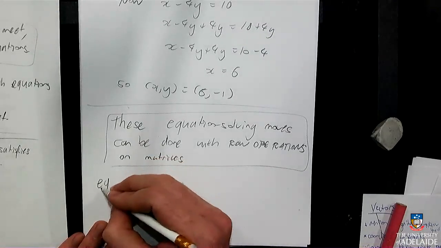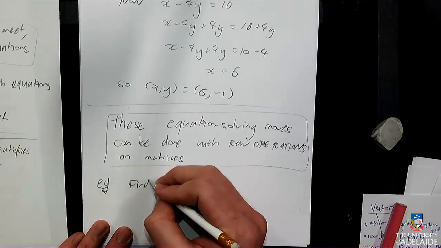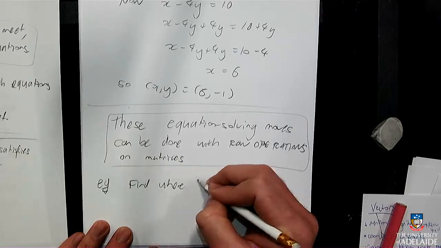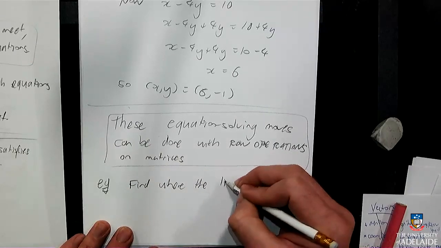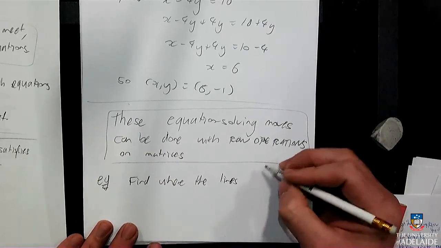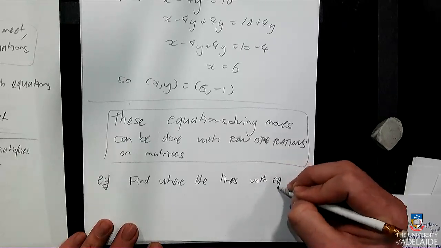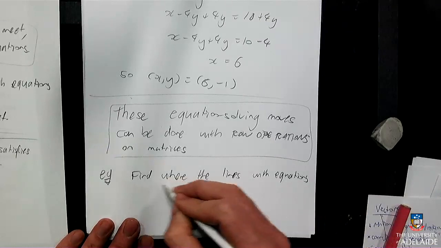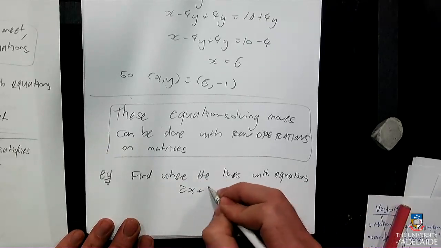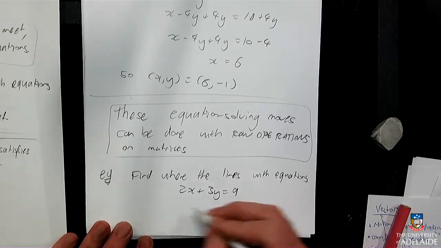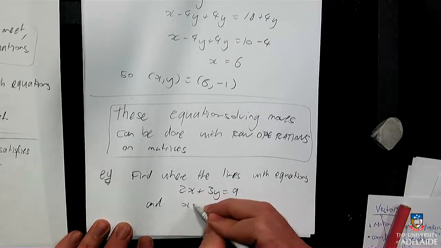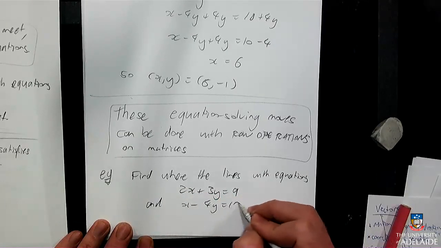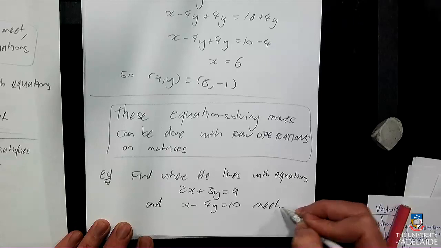So let's do this one again, with equations 2x plus 3y equals 9 and x minus 4y equals 10 meet.